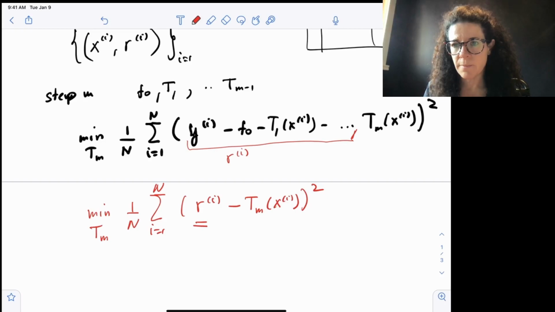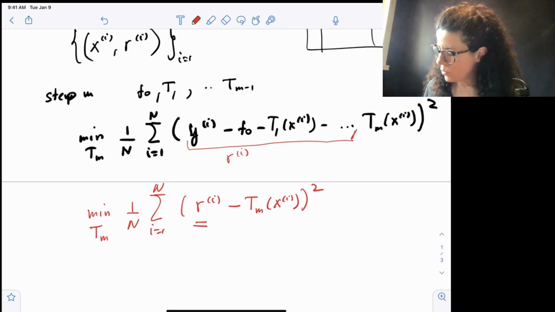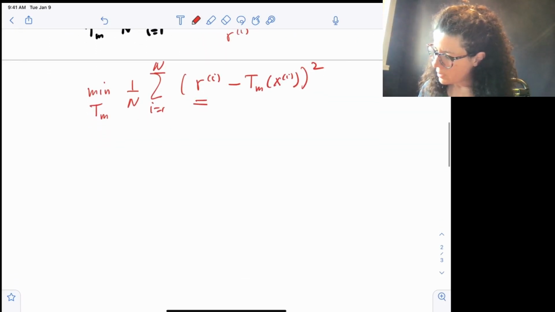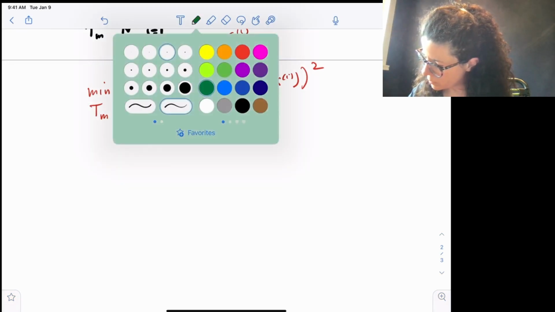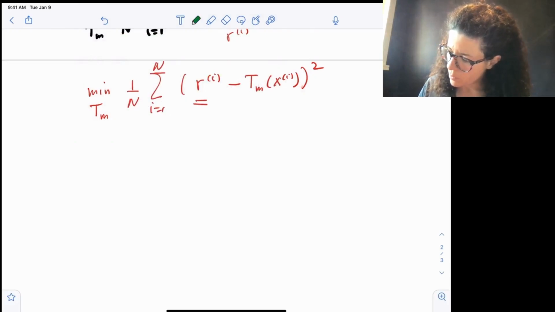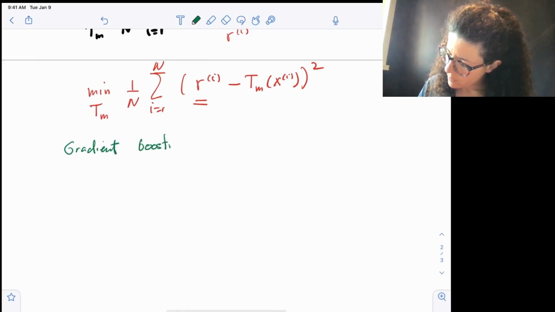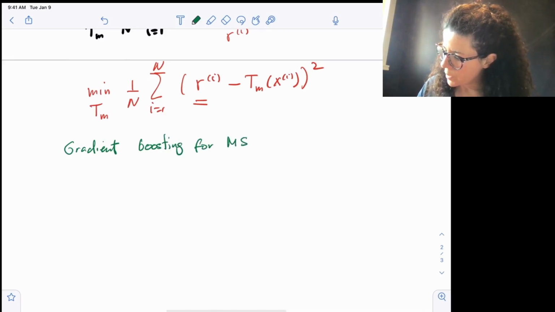Okay, so let's write down the algorithm the way we're seeing it here. So, gradient boosting for mean square error.